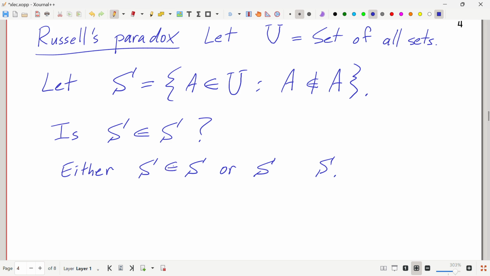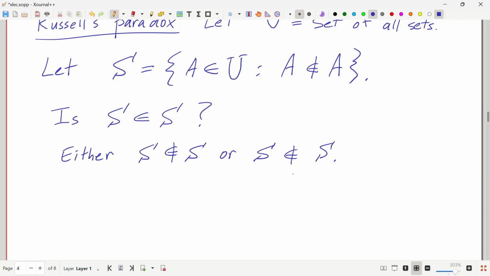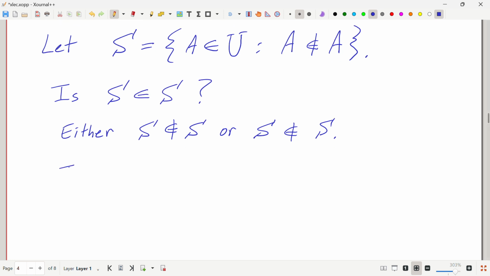Okay, if S is in itself, then it doesn't satisfy that property there, so it's not in that set. Think of A equals S and stick it in there, and you see that, oops, it doesn't satisfy that thing.